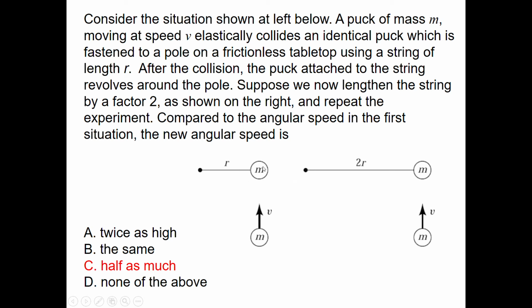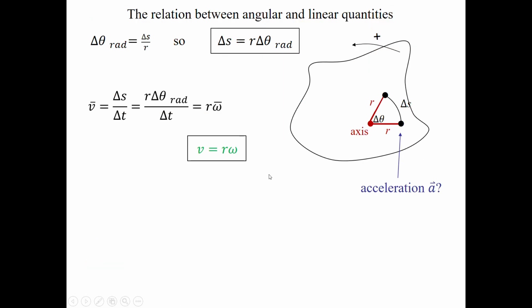What does that mean about their omegas? Well, if they have the same speed, whichever one's at a smaller r is going to have a bigger omega. We can get that from our relationship over here. If we solve for omega, omega is equal to v over r. Whichever one is moving on the smaller radius, if it has the same v, will have a bigger omega.